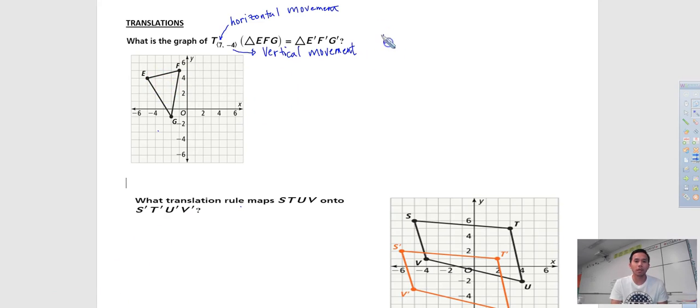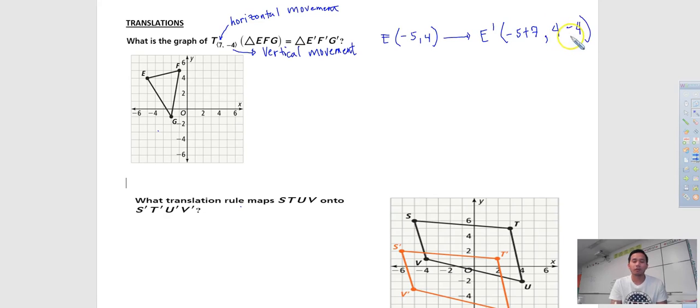For E, the ordered pair for E is -5, 4. Now your E prime would be -5 plus 7, because it's a positive 7, and your y would become 4 minus 4 because of the -4.